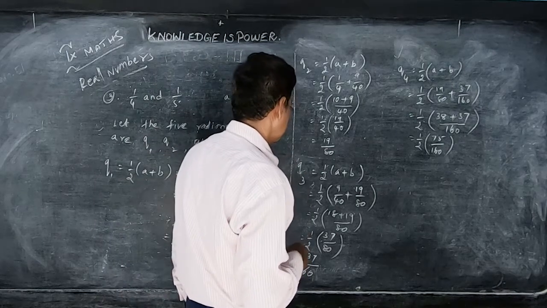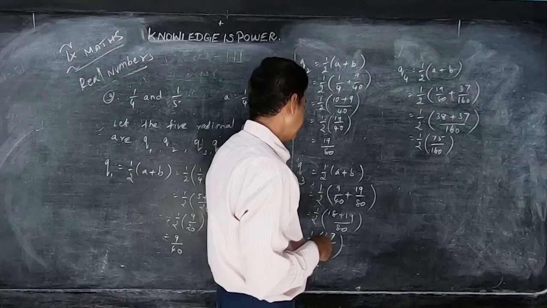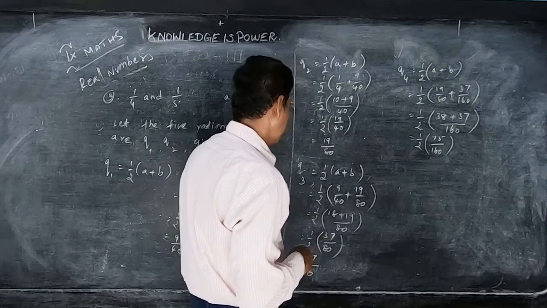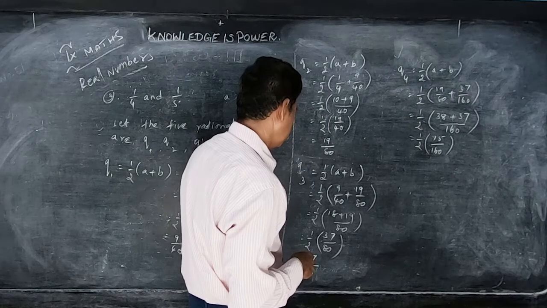A will be 19. 40 into 2 is 80, 9 into 2 is 18.